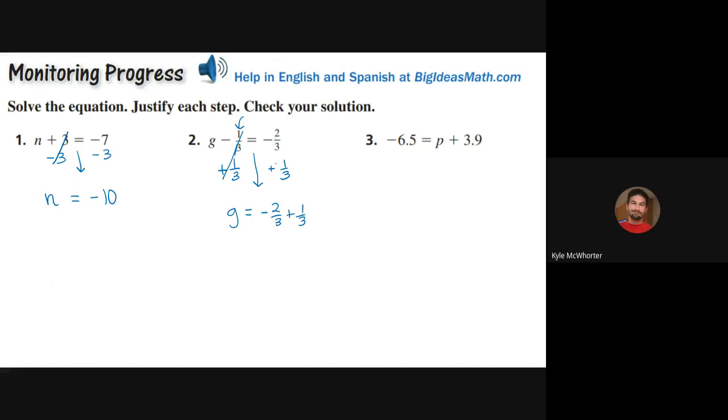Remember, adding and subtracting fractions, you have to have the common denominator. In this case we already have the common denominator, so we just do -2 plus 1. -2 plus 1 is -1, so it's going to be -1/3.